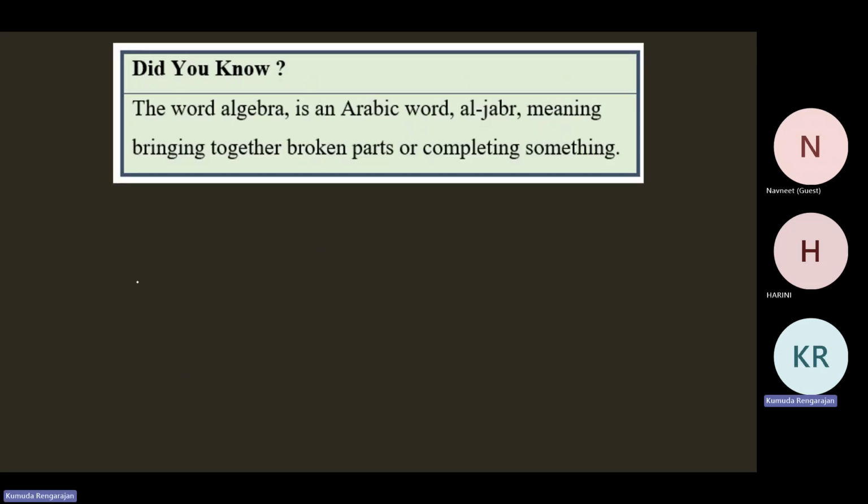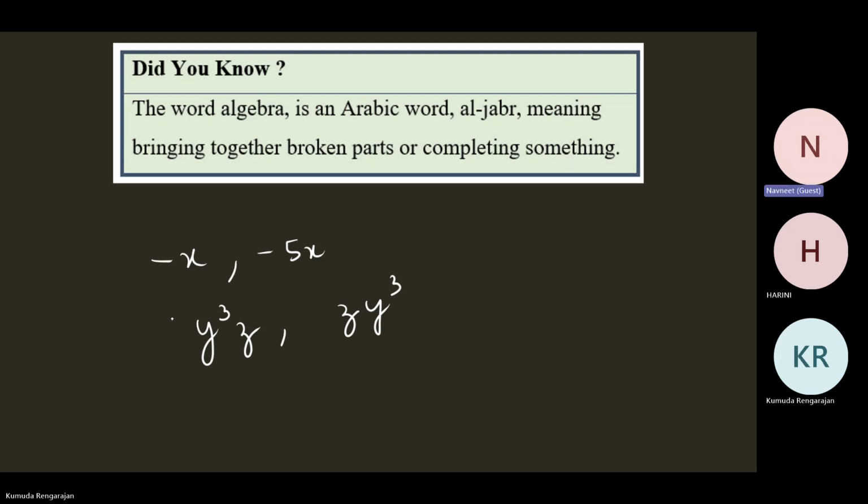Now tell me if these two terms are like terms. Fast you must say. Are they like terms or unlike terms? Ma'am, like terms. Very good. Navneet, are these like terms or unlike terms? Ma'am, these are like terms because z, y cubed.